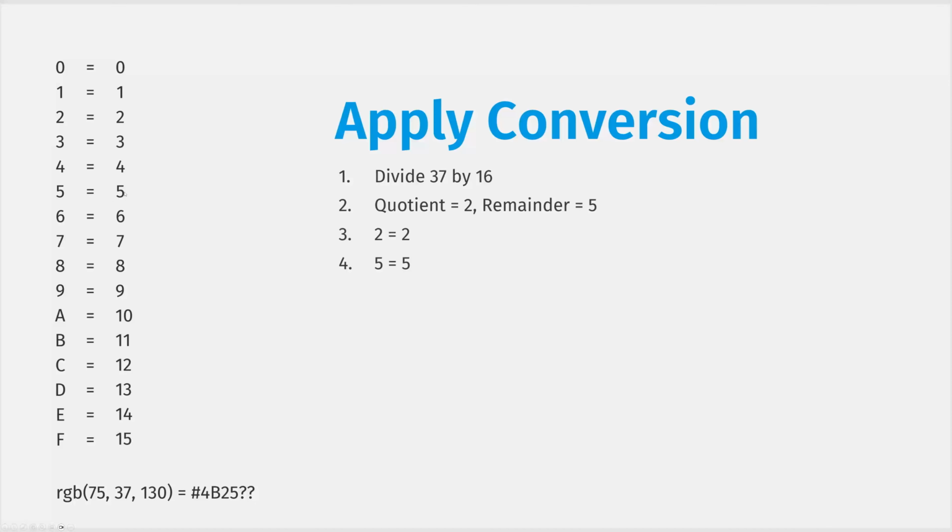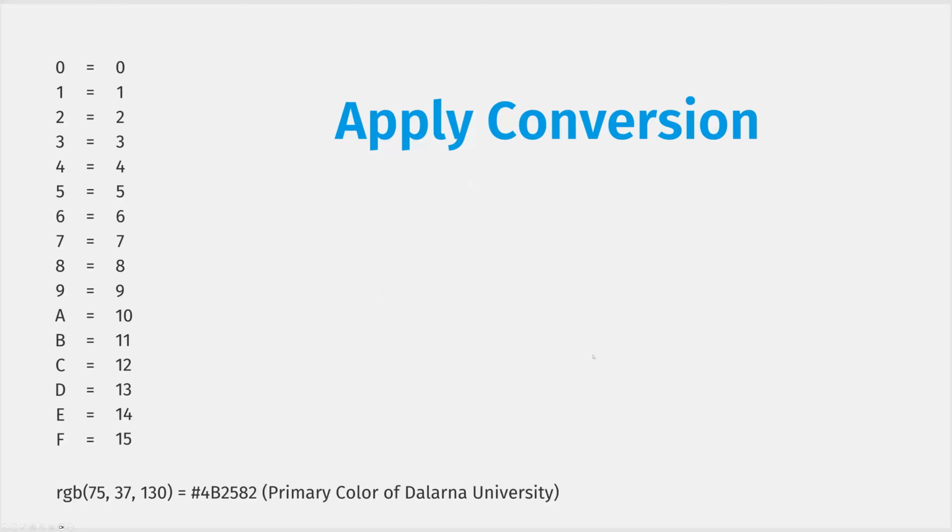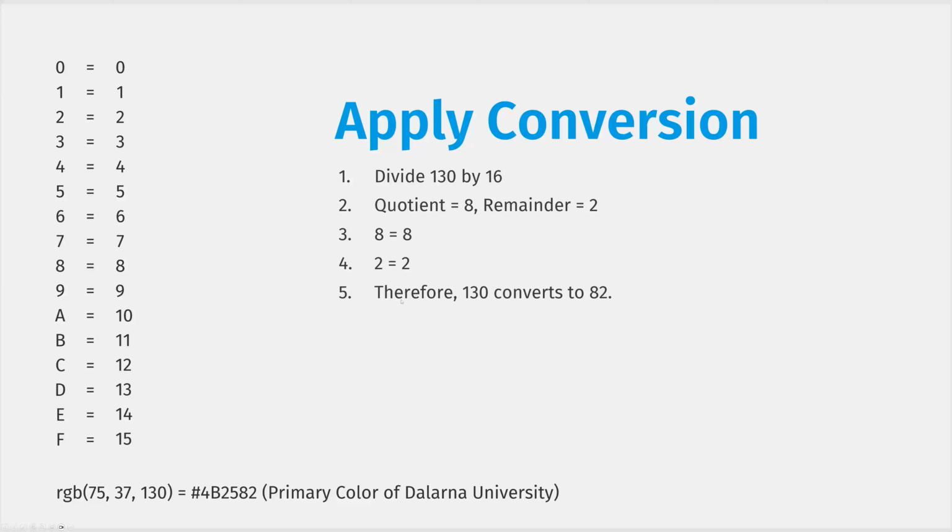So the next step is 25. Therefore, 37 converts to 25. And if we take the 130, divide by 16, it's 8, remainder is 2, and I'll go a bit quicker now. Therefore, 130 converts to 82, which is the primary color of Dalarna University.